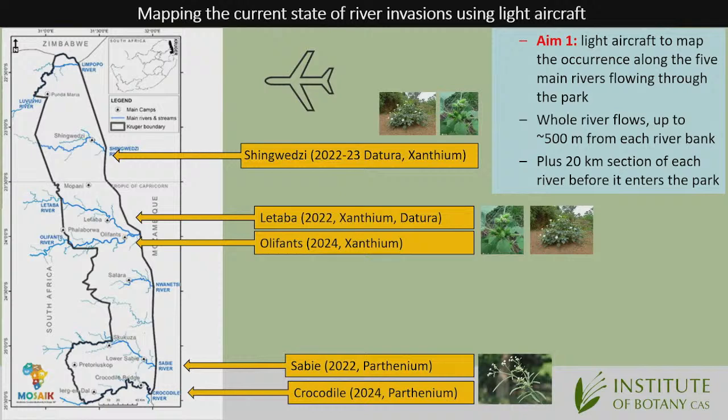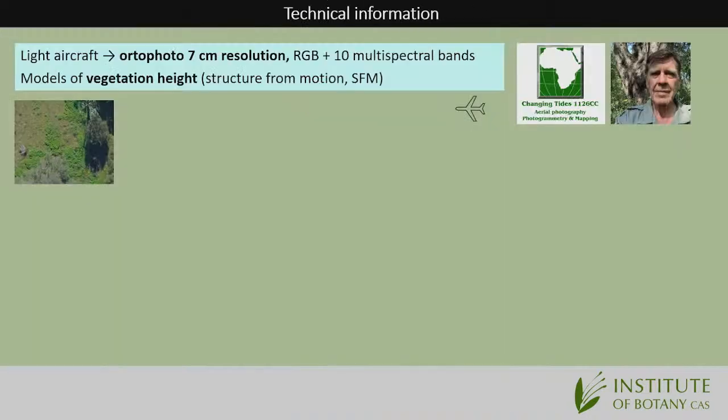We also included 20-kilometer sections before the river enters the park to account for what we call propagule pressure, which means the particles of plants that can give rise to new populations, and in this case, because they are annuals, it's seeds.